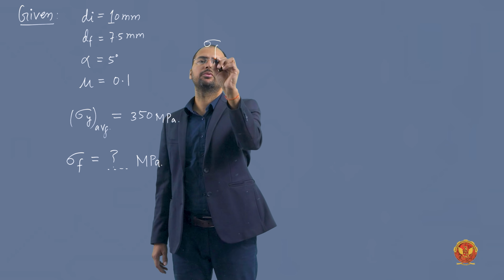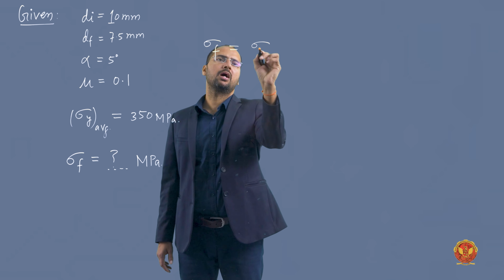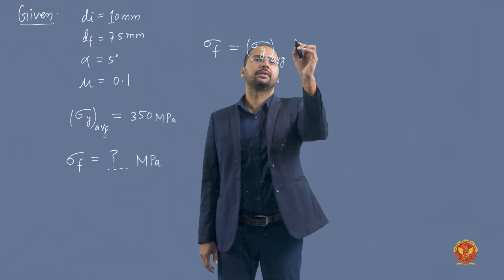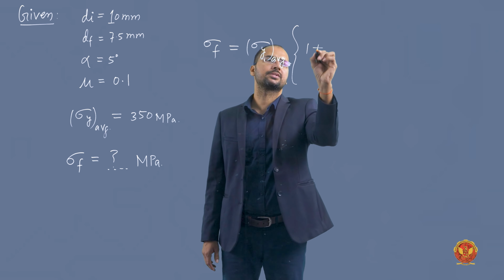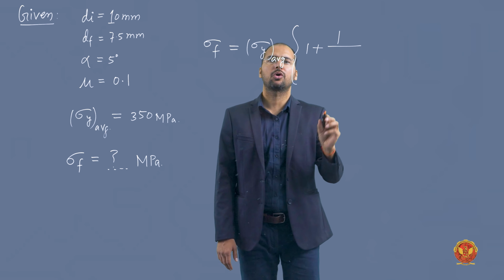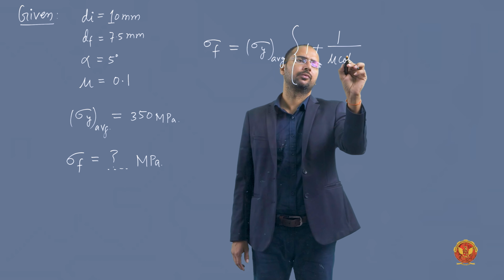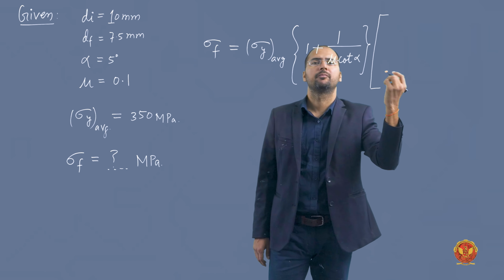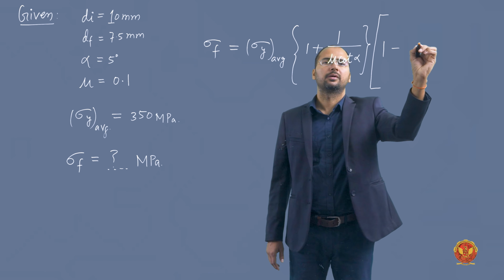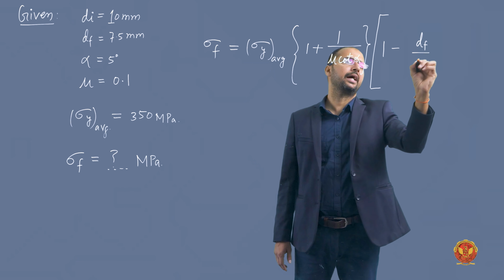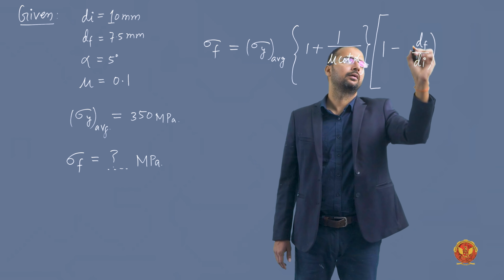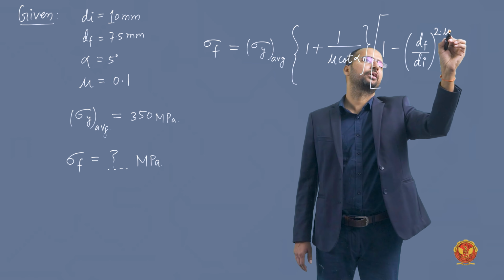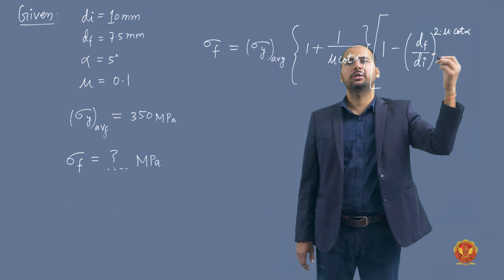So sigma f is given as sigma y average multiplied with 1 plus 1 by mu cot alpha, the whole multiplied with 1 minus d final dia by initial dia to the power 2 mu cot alpha. Mu is the coefficient of friction, 2 mu cot alpha.